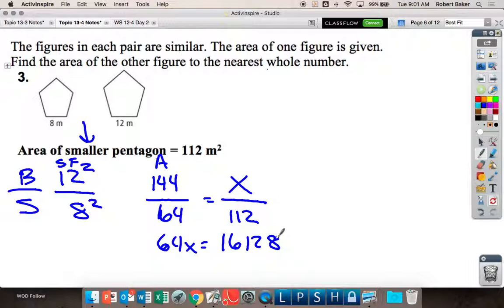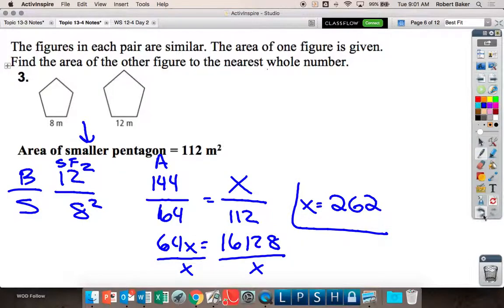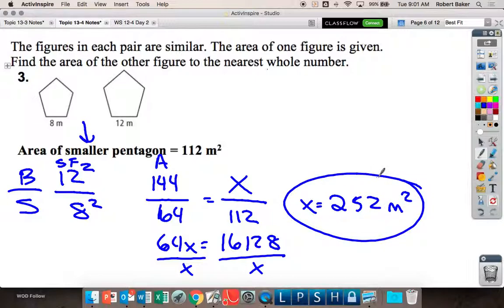And then divide both sides by 64. 252. So the area of the big shape is 252 meters squared.